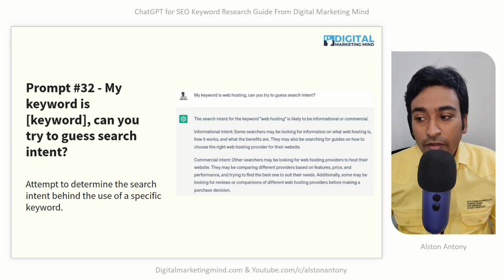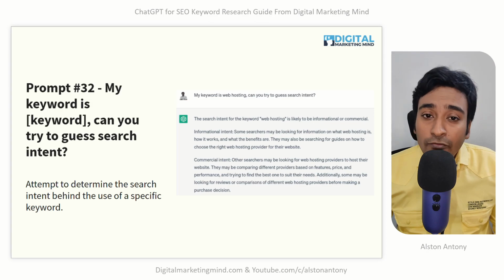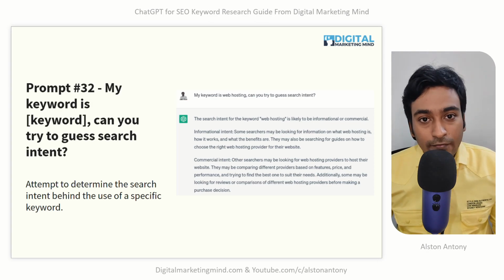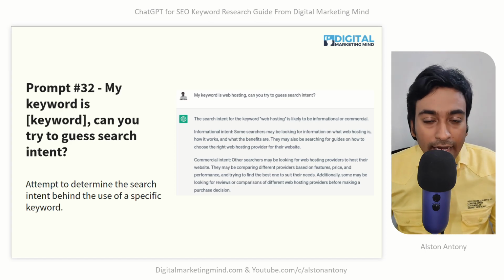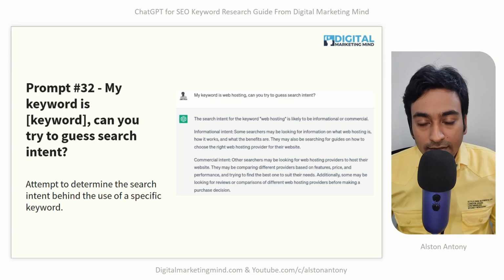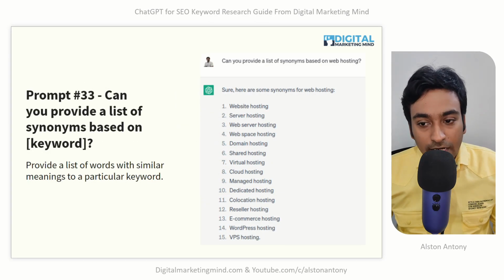Now it will give me that particular keyword with all the search intents it is able to find, and it will try to give you a valid reason for each. If you're not sure about something, you can ask ChatGPT to be more creative and give data on that particular reason, and based on that you can use that data within the keyword research process for your need.